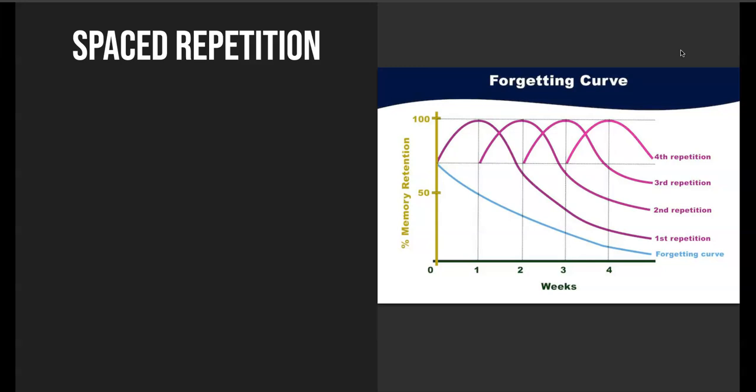And you can see the forgetting curve in blue, right? Once we know something, we have a high memory retention, but then it starts to degrade over time. So the idea is you want to repeat that information just as your memory retention is starting to fall. And over time, that has an average increasing percentage of memory retention.